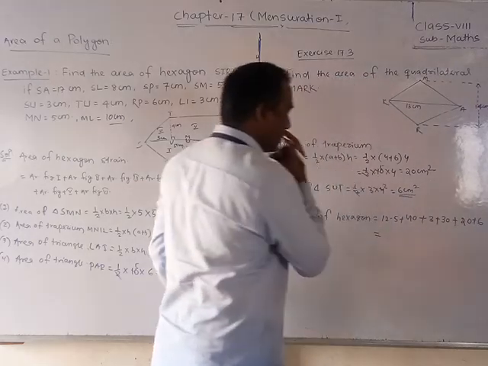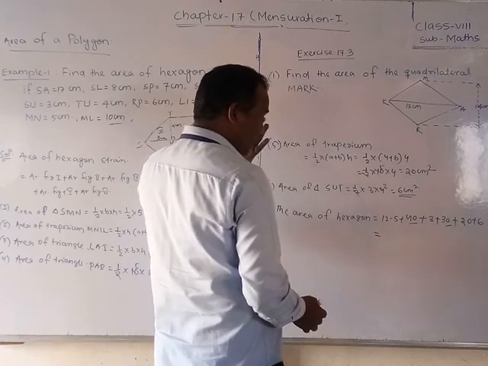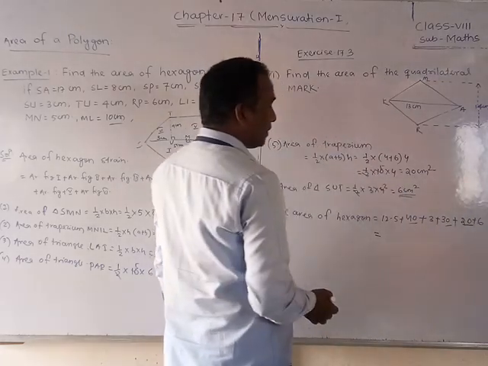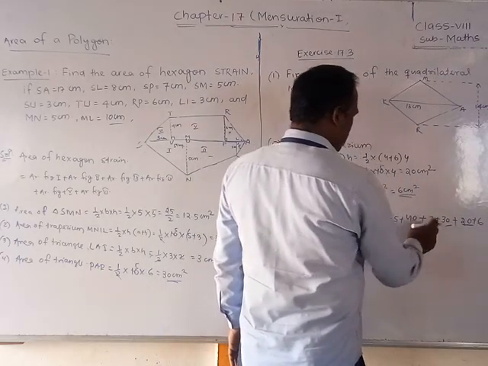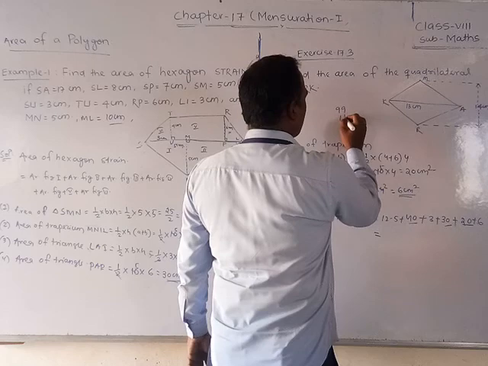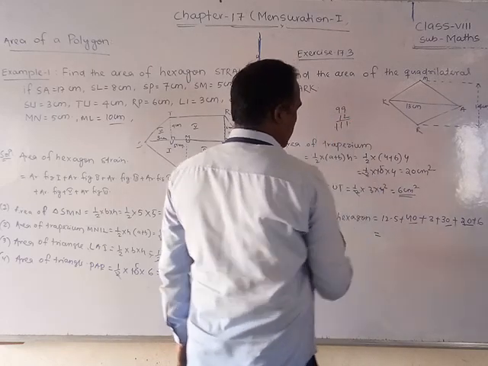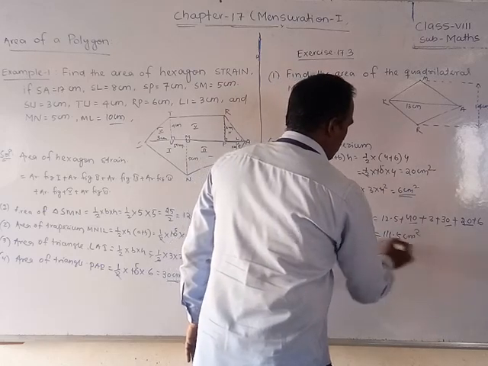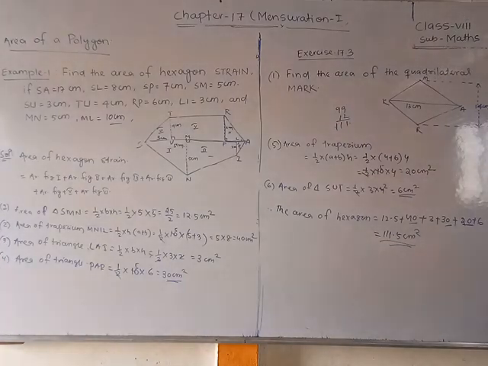That means if you add, how much will come? 40 plus 30, 70. 70 plus 20, 90, 96, 99. 99 plus 12, 111, 111.5 centimeter square.